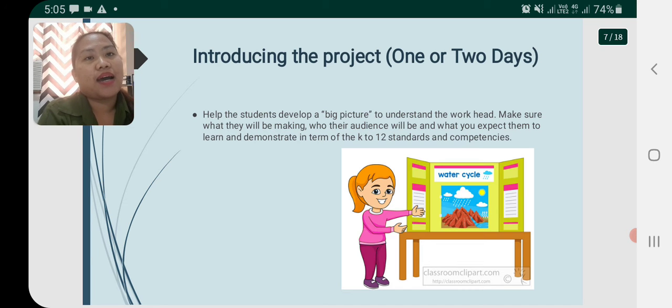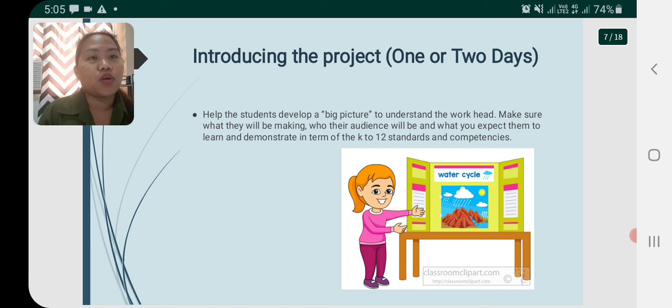Help the students develop a big picture to understand the work. The work ahead, make sure that they know who their audience will be and what you expect them to learn and demonstrate in terms of the K-12 standards and competencies.